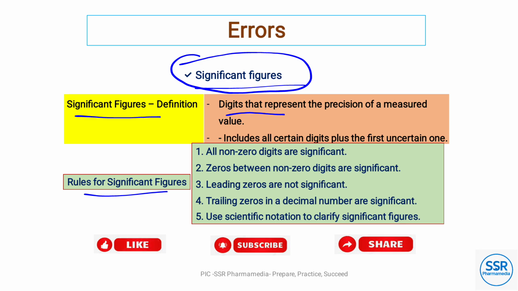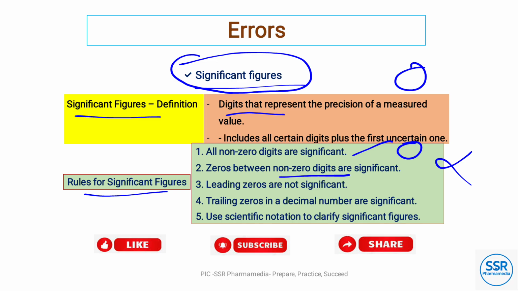So the rules for significant figures are very important for first year pharmacy students and also for MRB and drug inspectors, a very important topic. So all non-zero digits are significant. That means 0 is not a significant figure, non-zero digits are. Zeros between non-zero digits are significant.